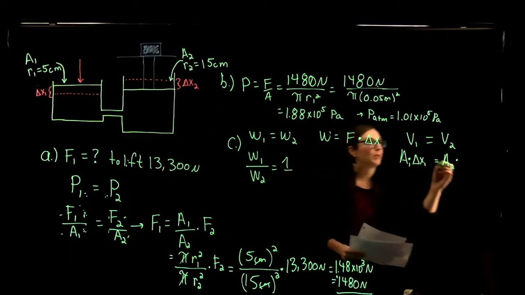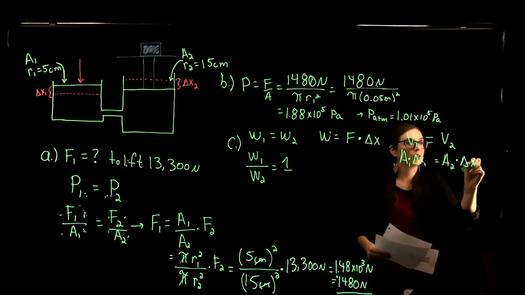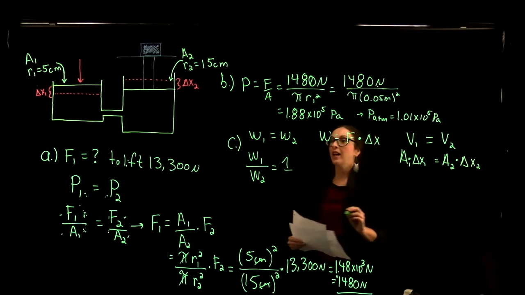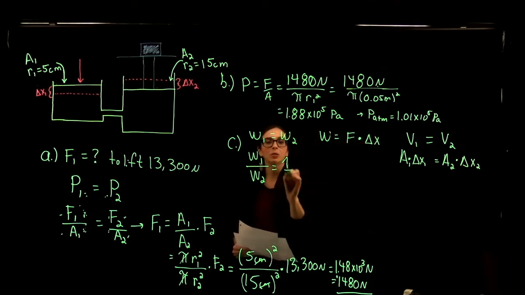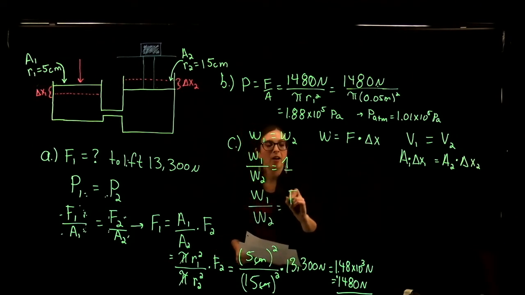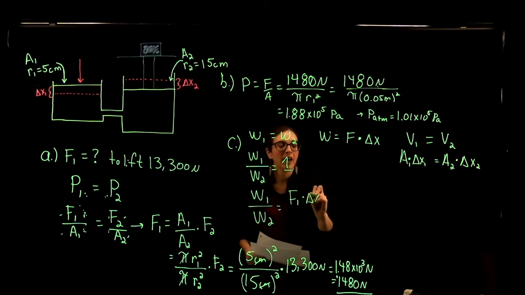And so this will be A2 times delta X2. Okay? So the reason why I did that is because if we look back at this ratio, we can say that W1 over W2 is equal to F1 times delta X1 over F2 times delta X2.